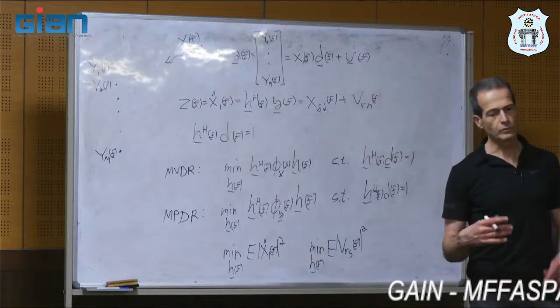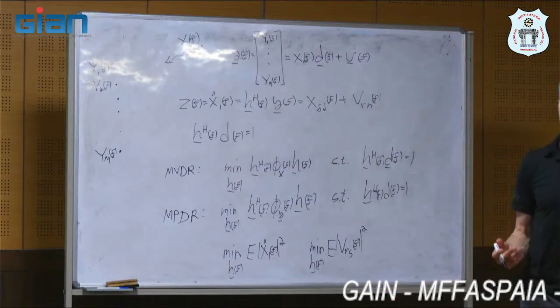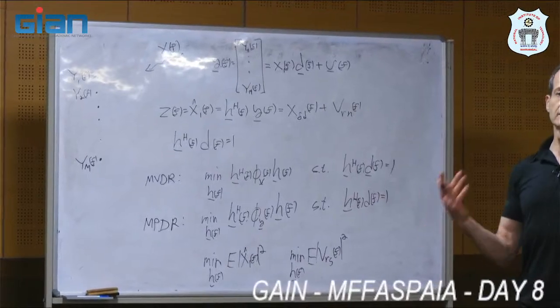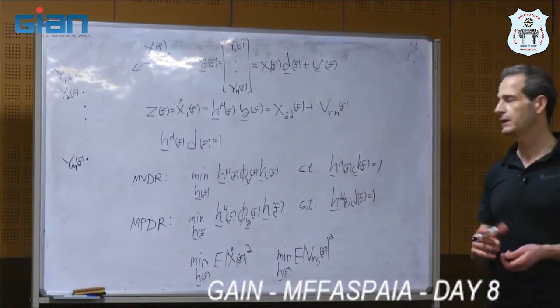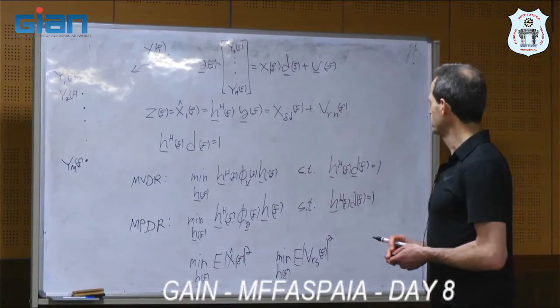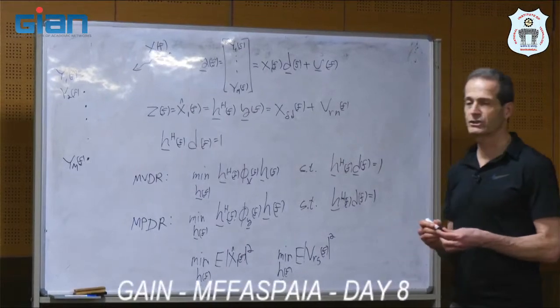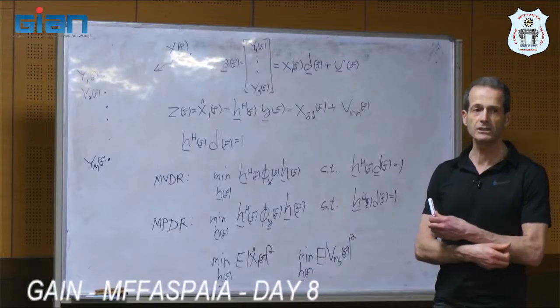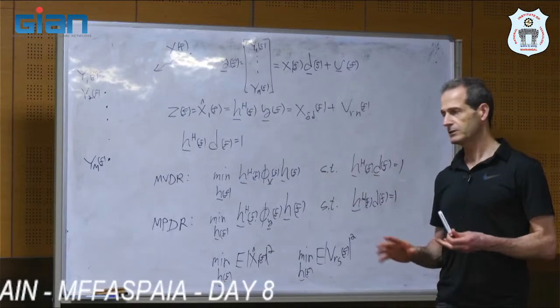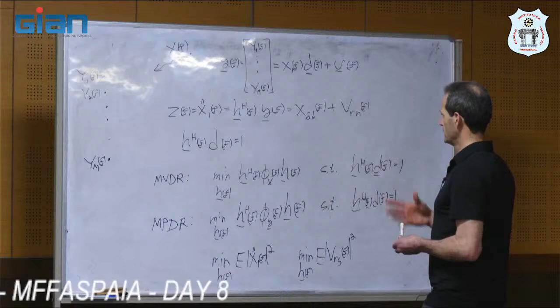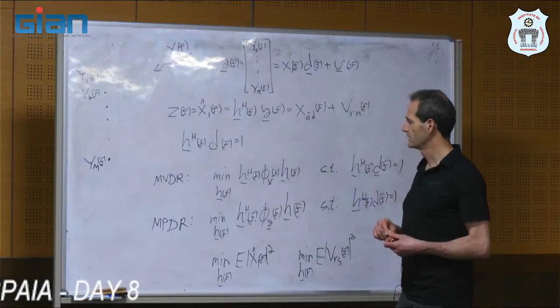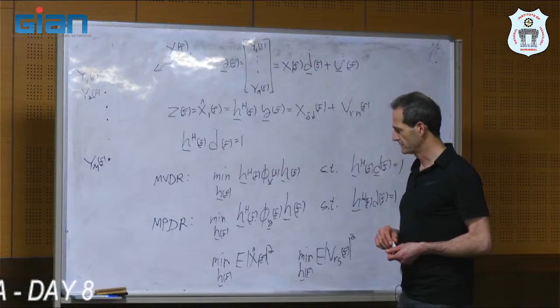And you can ask which one is better, which one is more robust, and so on. There are some works that talk about the relation between them and which one produces better results under which condition. I just want you to know that there are some differences when these matrices are obtained by estimates.